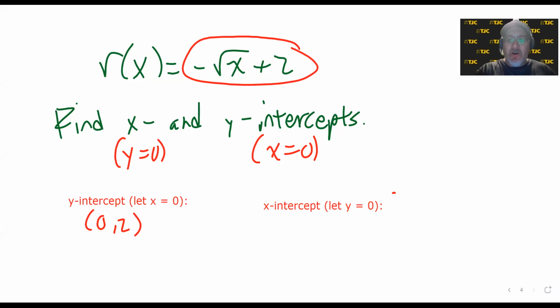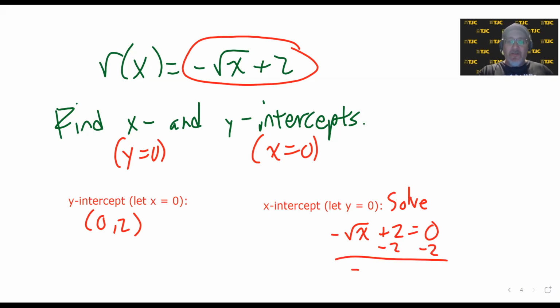So we need to solve negative square root of x plus 2 is equal to 0. This is a pretty easy thing to solve. It's just a radical equation. Our first move is to isolate the radical. We can start by subtracting 2 from both sides to get negative square root of x equals negative 2. Then to finish isolating the radical, we can divide both sides by negative 1.